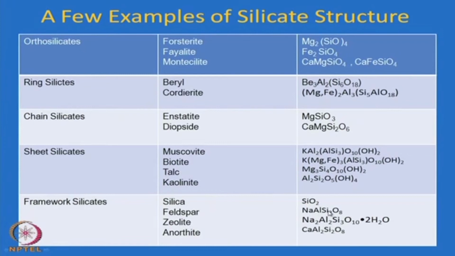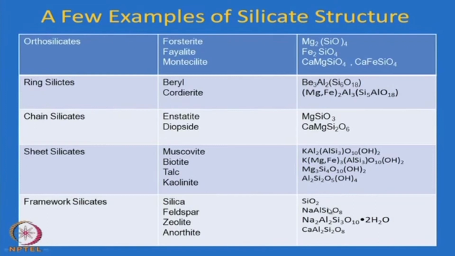Silicon has tetravalency, 4 positive charges, whereas aluminum has only 3 positive charges. So, it has one less positive charge. To satisfy that charge, another extra positive charge has to come in from the alkali ion, and that is why sodium and aluminum together are replacing one of the silicon.